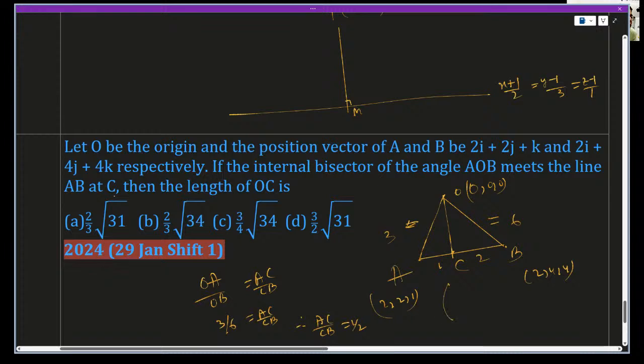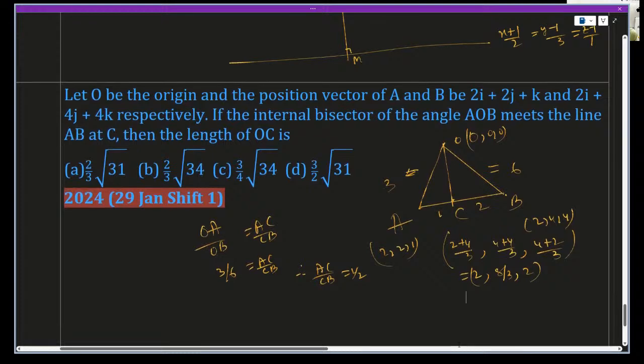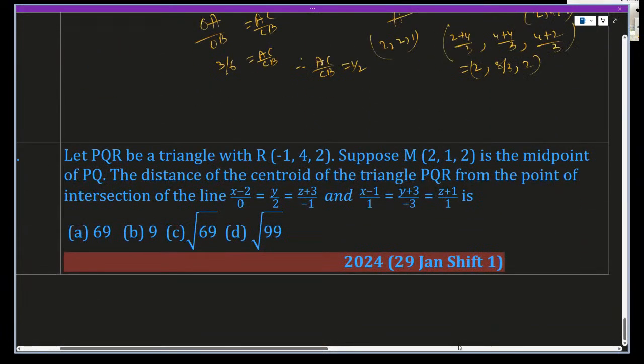You can easily find the point C over there. It's a class 11 problem. 1 into 4 and this one 1 into 4, so this will be 2, 8 by 3 and 2. Clear? Then use the distance formula. Very easy, isn't it? Go for the next one.